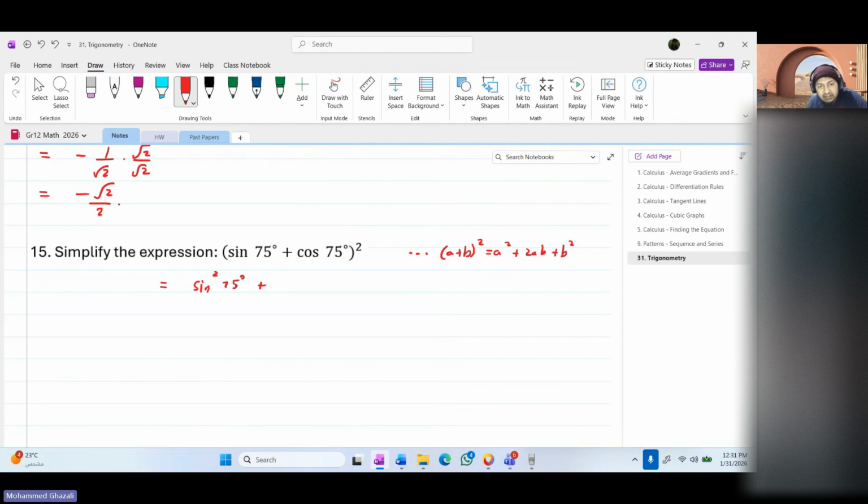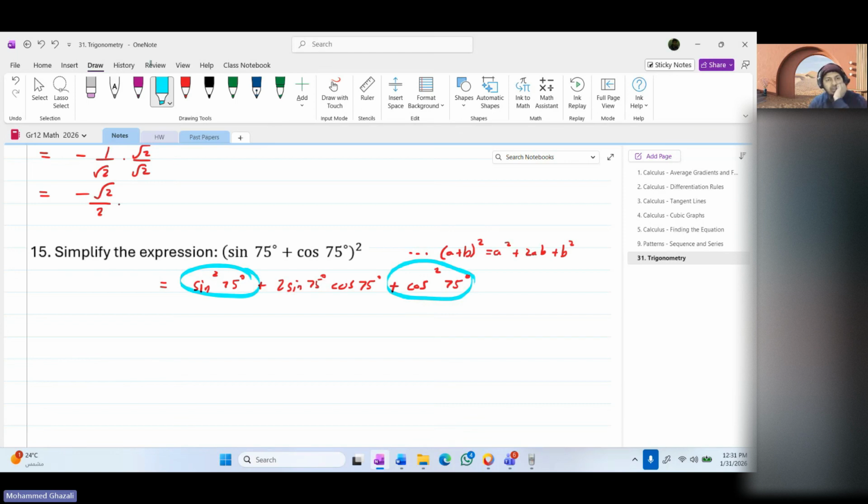So we've got sine squared 75 plus 2 sine 75 cos 75 degrees plus cosine squared 75. Now we can see that we have an identity, cosine squared plus sine squared. That's a square identity. What is sine squared plus cosine squared? That's 1.